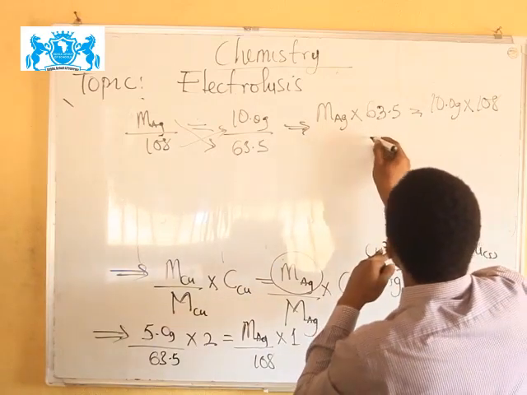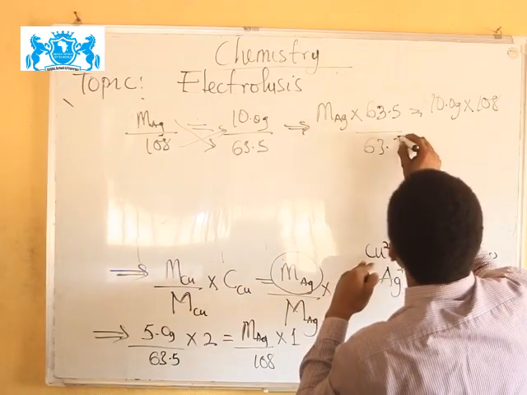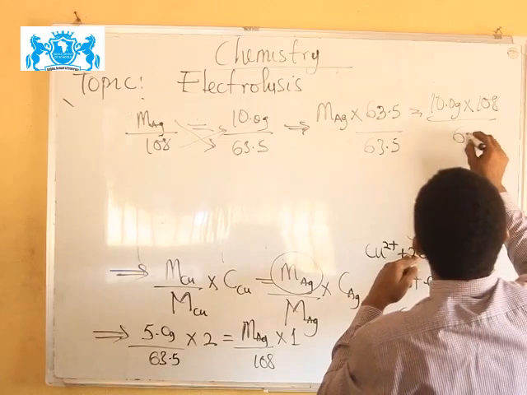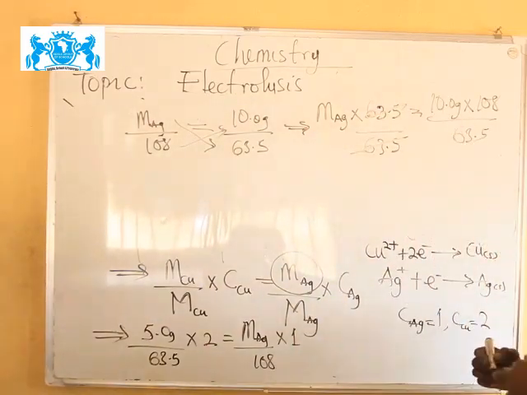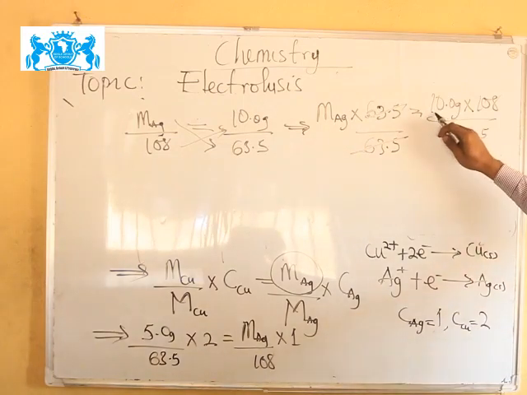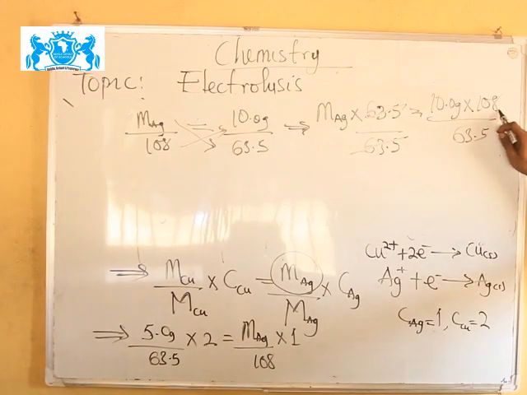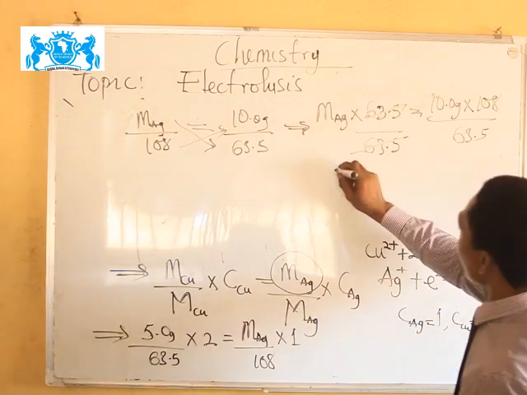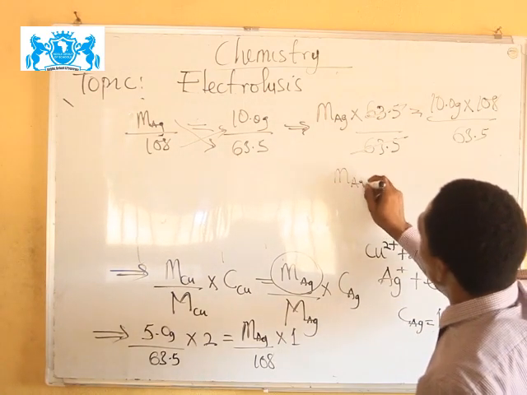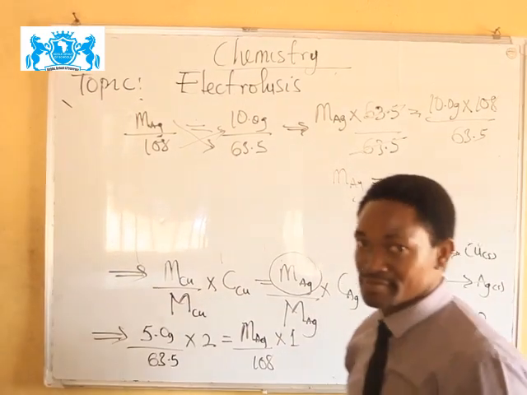Dividing both sides by 63.5, the 63.5 cancels out here. So what we just need to do is multiply 10 times 108, then divide by 63.5. That will give us the mass of silver that will be deposited.